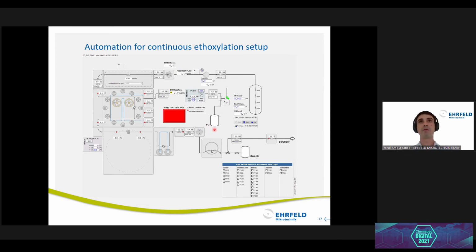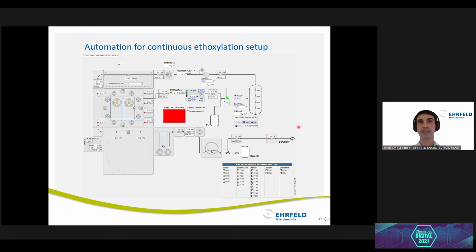And then what we have here, for example, is the feedstock dosing line going to the reactor. Here we have the EO feed line. In the case of EO, it's usually controlled by a pneumatically driven valve, since it is crucial to prevent EO from reacting in the event of something unexpected.